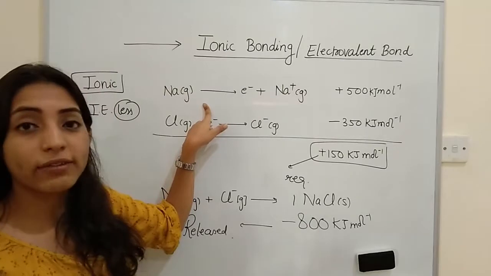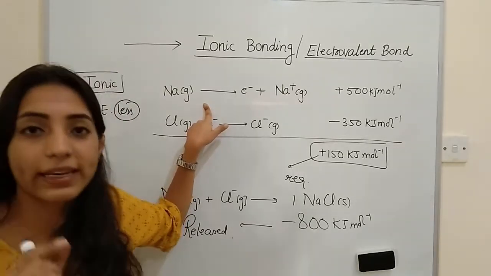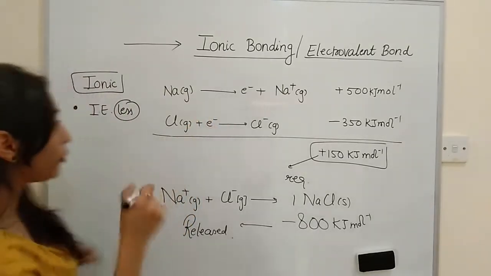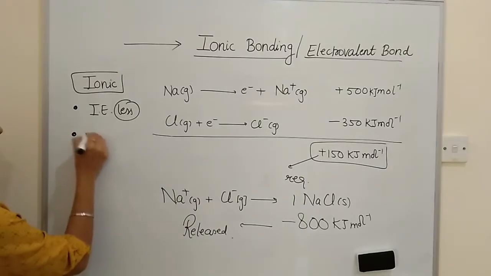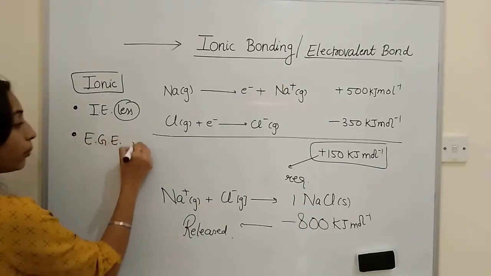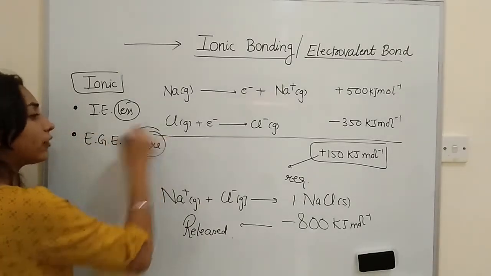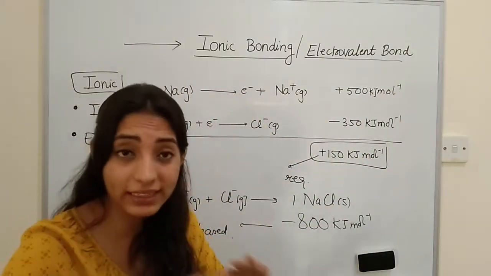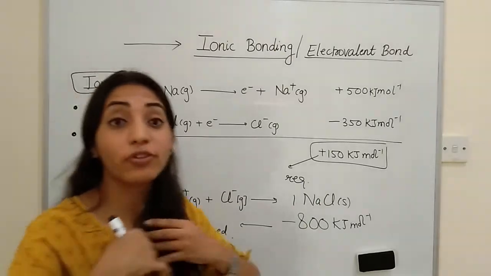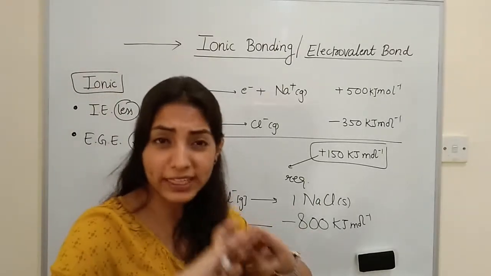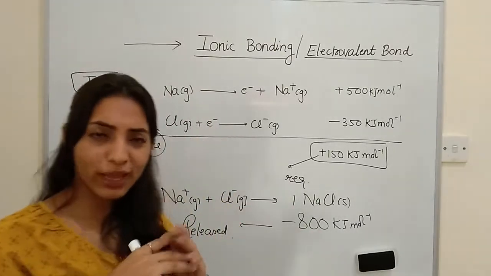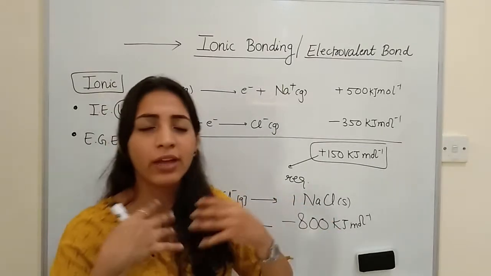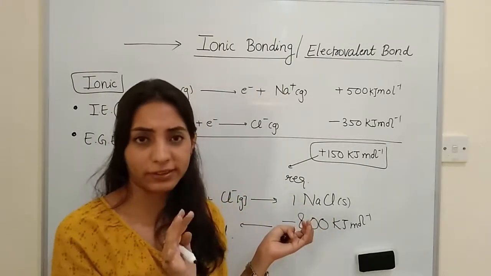So we need to give a lesser amount of ionization energy. Point number 2, we need to have more and more electron gain enthalpy. More and more energy should be released. We always want released energy to be greater than the required energy, so that the process happens by itself. We don't have to do much effort.